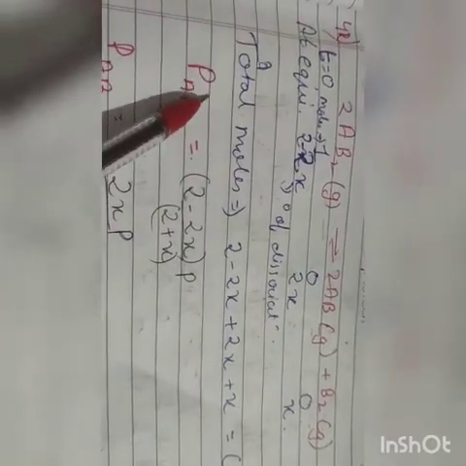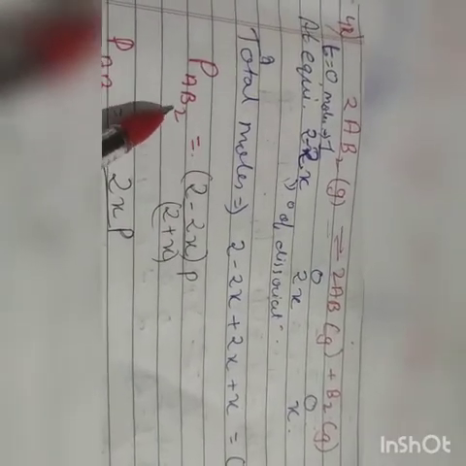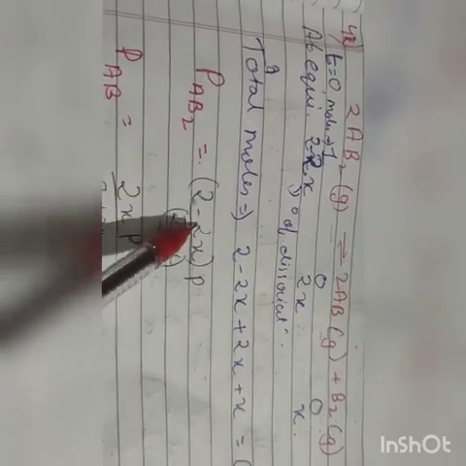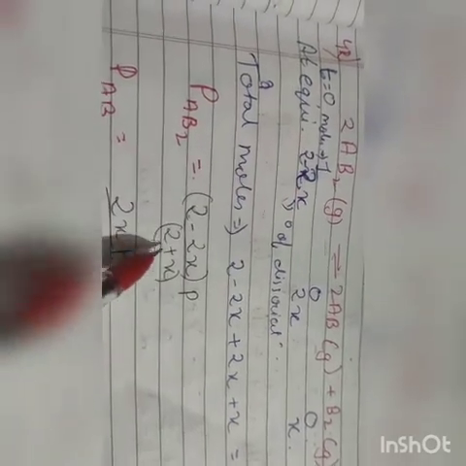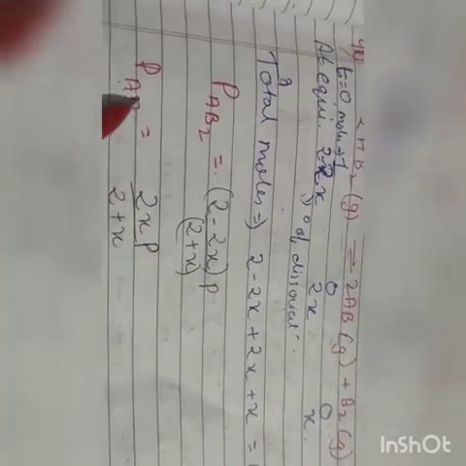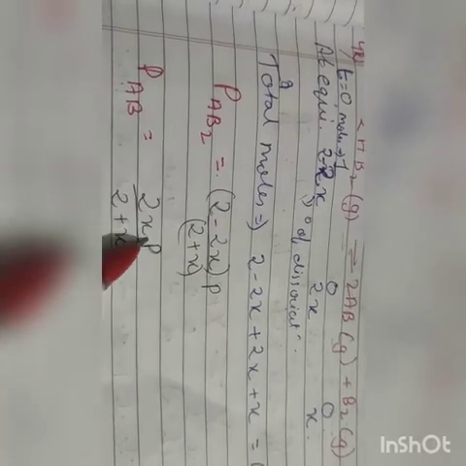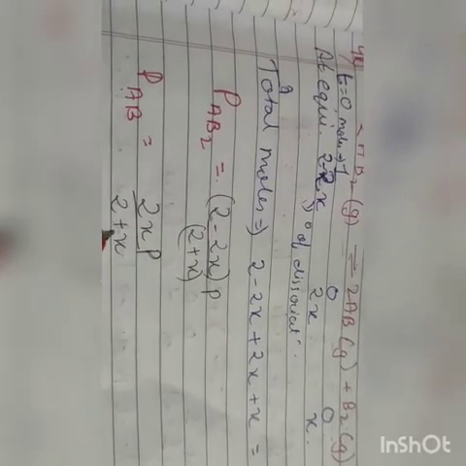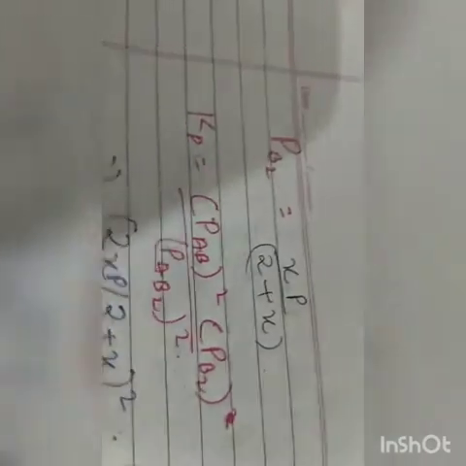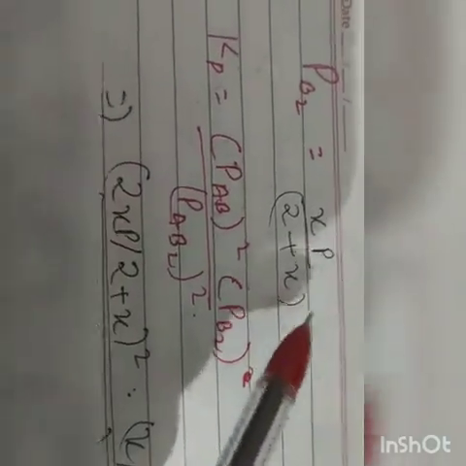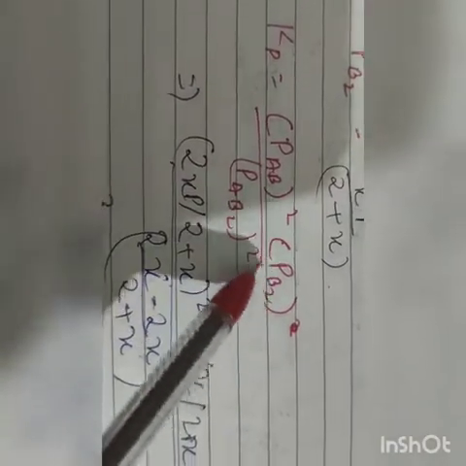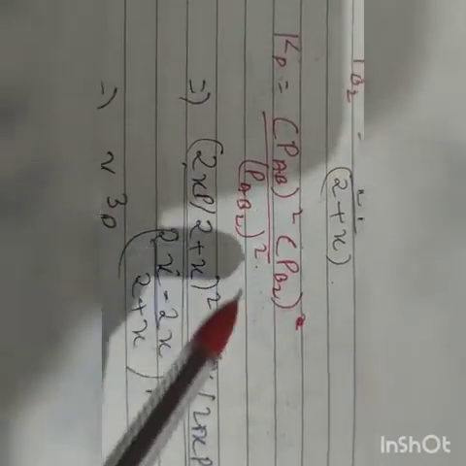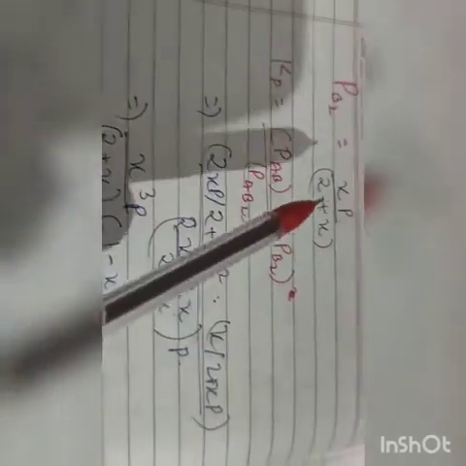So pressure for AB2 is in the form of this, 2 minus 2x, which is for AB2, by 2 plus x, which is total moles. So it is the moles of AB at equilibrium by total moles. Now this is also moles of B2 by total moles. So Kp here is equal to PAB squared into PB2, over PAB2 squared. So now here we will put the values which we have determined above, and this equation comes.